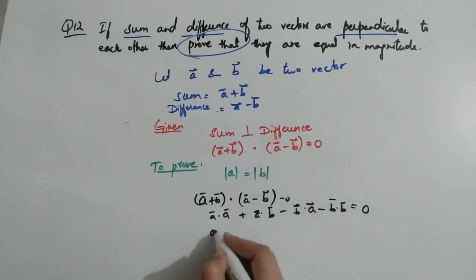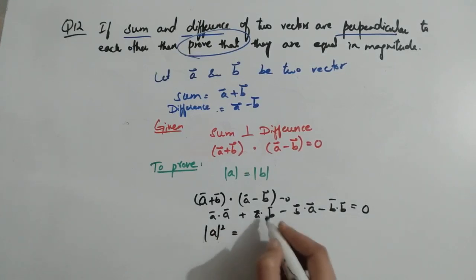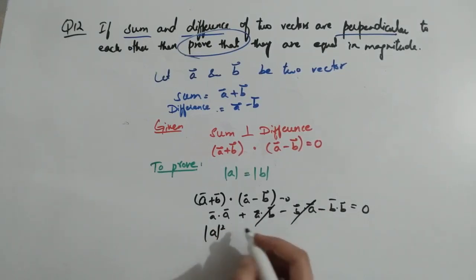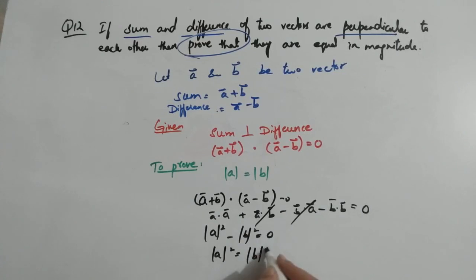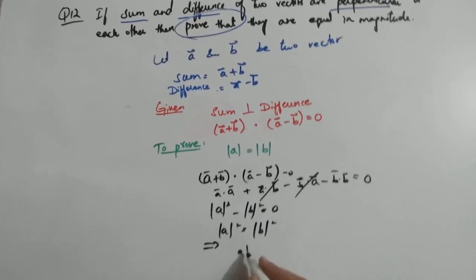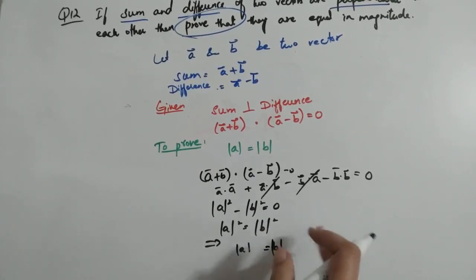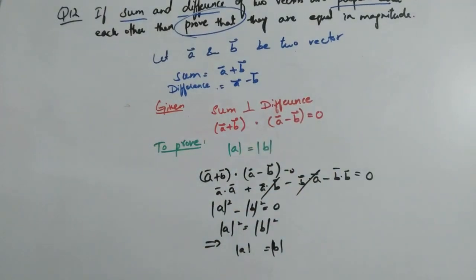Or you can write A mod square plus, this will be cancelled out since the dot product is commutative, minus B mod square equals 0, or A mod square equals B mod square. This implies that A mod equals B mod.